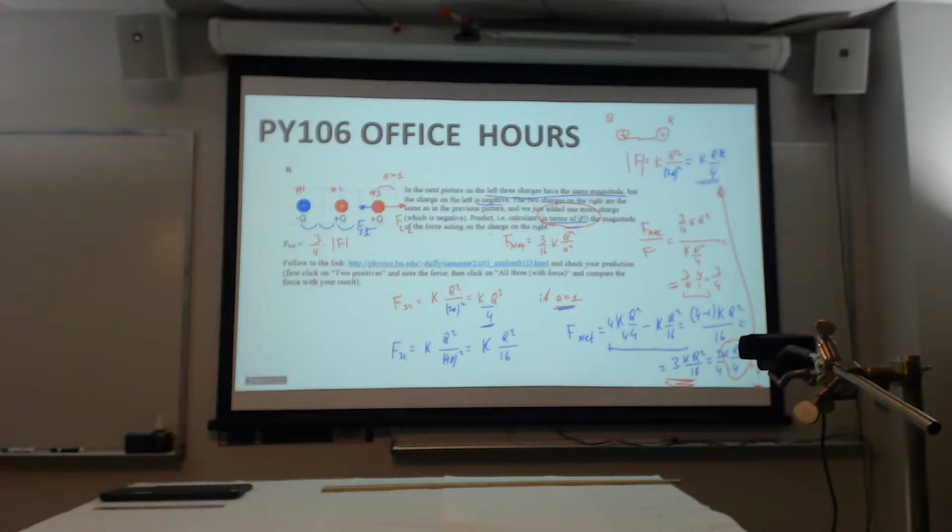Only when you write this force in terms of another force, you could set A equal to 1, you could set Q equal to 1, because in the final calculation those variables get canceled. That means they are not important.